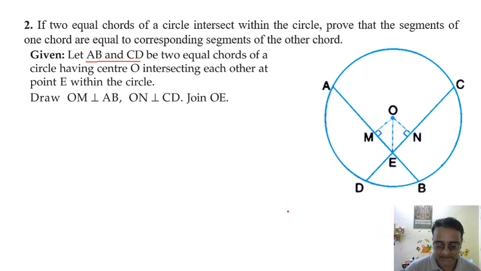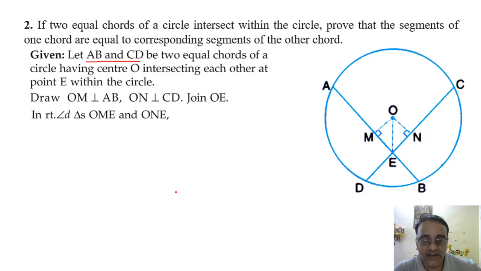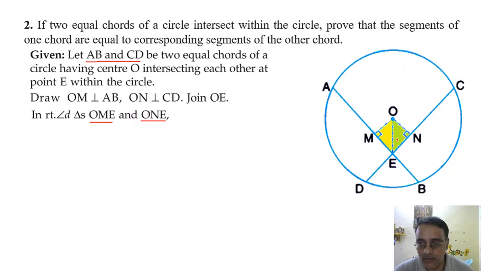Okay, so now we are going to prove these two triangles congruent. See carefully. In right angle triangles OME and ONE, these two triangles, the yellow one and the green one, this is a common side. And what about these two, OM and ON, whether these are equal? Why is OM equal to ON?